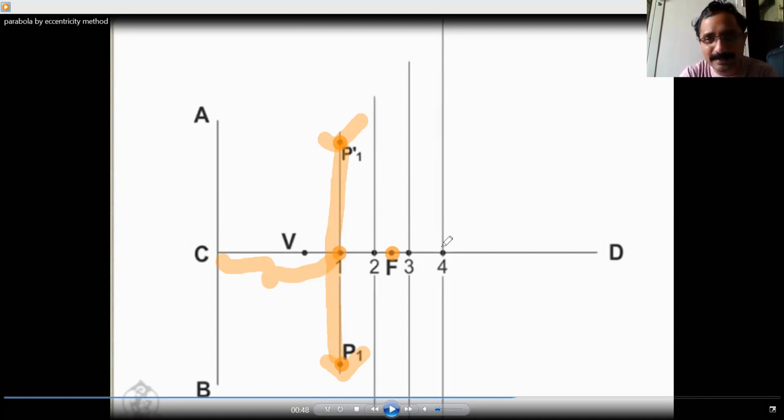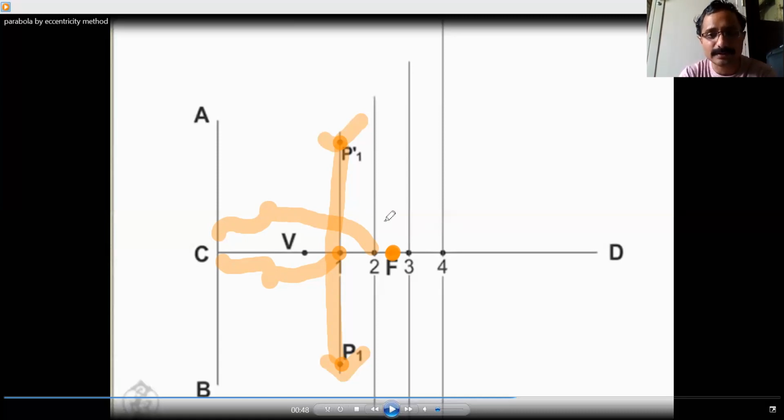Now I am repeating this procedure. The only difference here is that instead of C1 I am selecting the radius equal to C2, but the center is F for every arc. Only F is the center and the radius is changing from C1, then C2, then C3, and then C4.